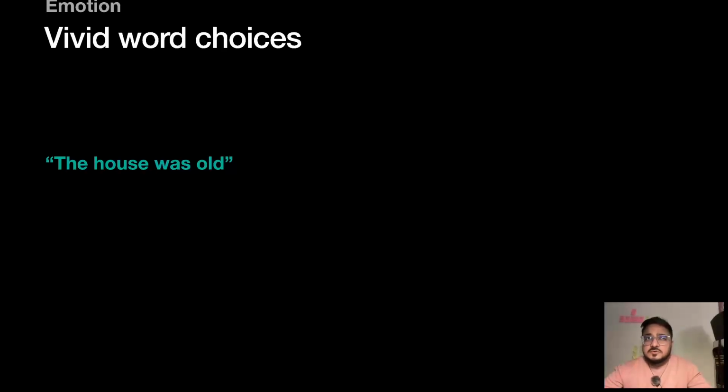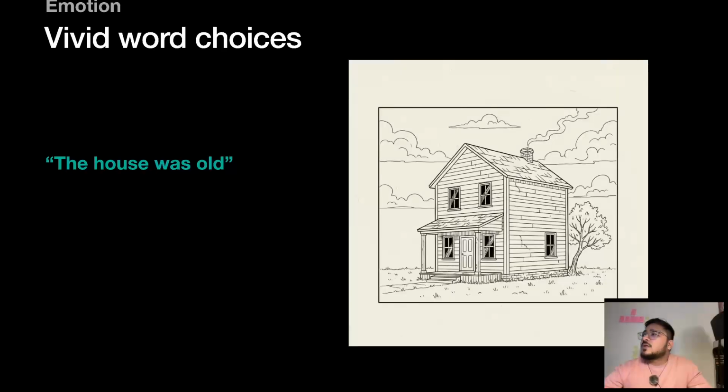Okay, it was old maybe. I mean, you are not making it anything else than old. So maybe something like this, that old house with this kind of walls, where you can see some of the cracks or anything.